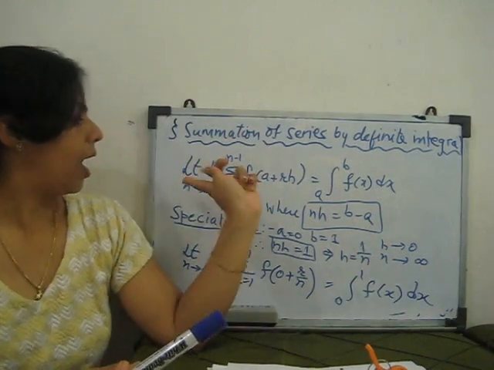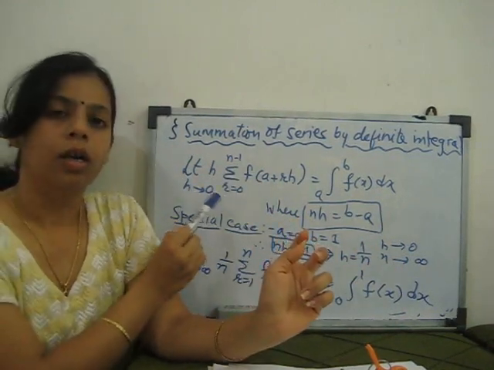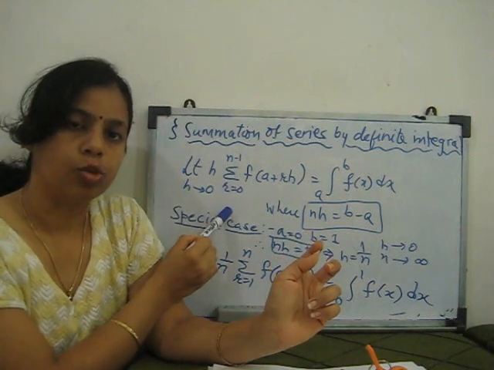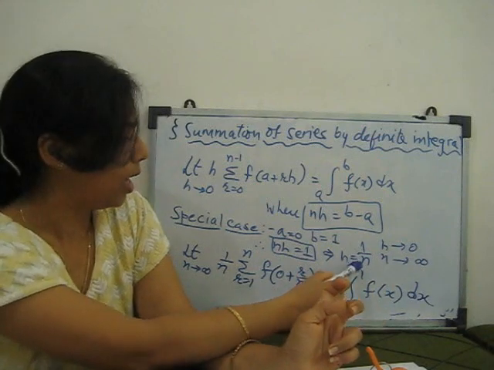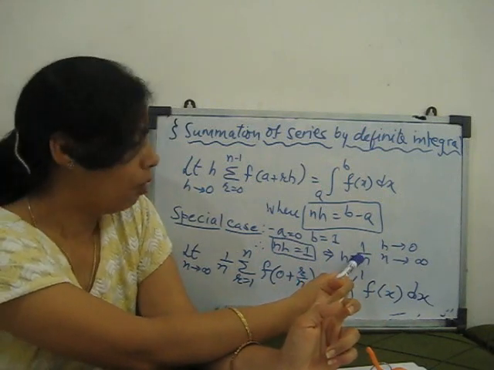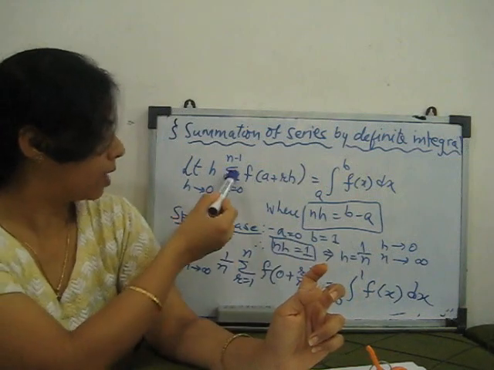It means if h tends to 0, then in this case n tends to infinity because n is the reverse of h. Now we substitute these values in our given formula.